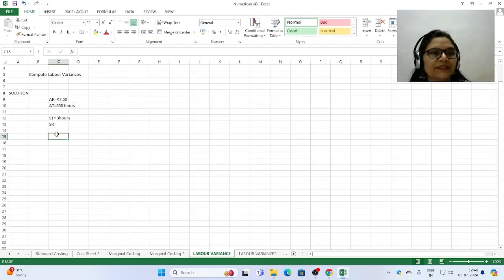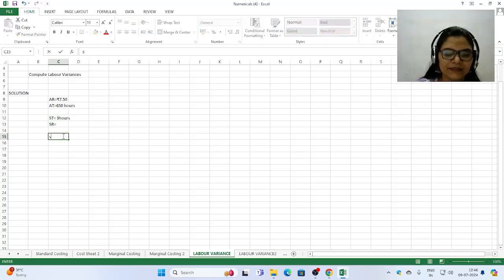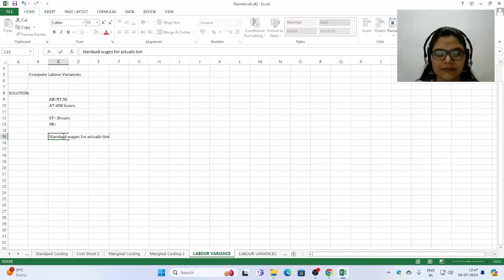We will do some basic calculation. Standard time is given as 3 hours, and standard wages for actual time equals standard rate into actual time.